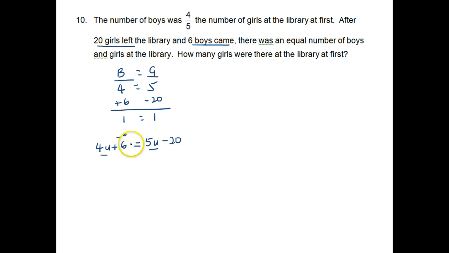Sorry, I move the 20 over. I want to take the 20 over, so I plus 20 so that I can cancel. Here I must plus 20, and here I must minus 4, plus 4. So 20 plus 6 will be my 5 units minus 4 units. So 1 unit is my 26.